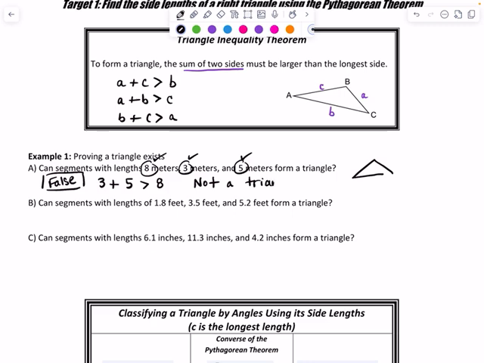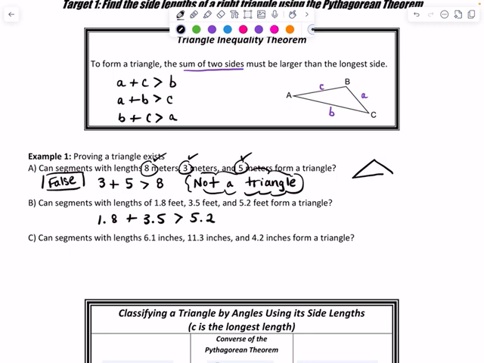So you can try all different combinations, but as soon as you find one that's false, then it is not a triangle. So let's now look at part B, can segments with lengths 1.8, 3.5, and 5.2 form a triangle? I always take the two smaller sides. I'm going to do 1.8 plus 3.5. Is that greater than 5.2 is the question.